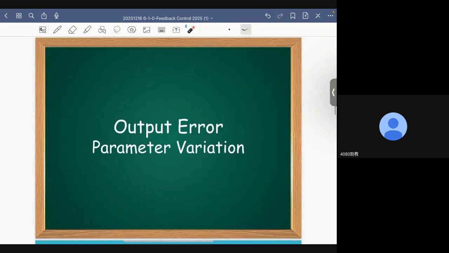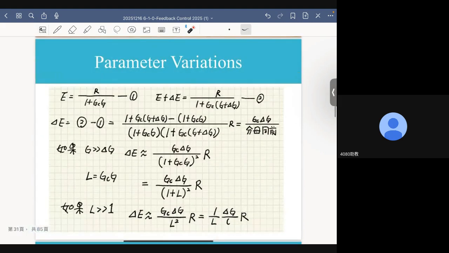Now, the last uncertainty we need to address is parameter variation, okay? Now, how do I study parameter variation? Because it is not like input disturbance and measurement noise.